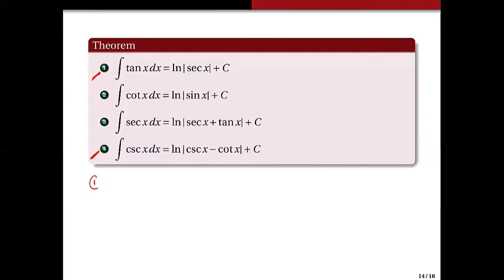So for number 1, we have the integral of tangent x dx. What we are going to do is to rewrite tangent x as sine x over cosine x. And now, we do the substitution. Let u be equal to cosine x. du is equal to negative sine x dx.